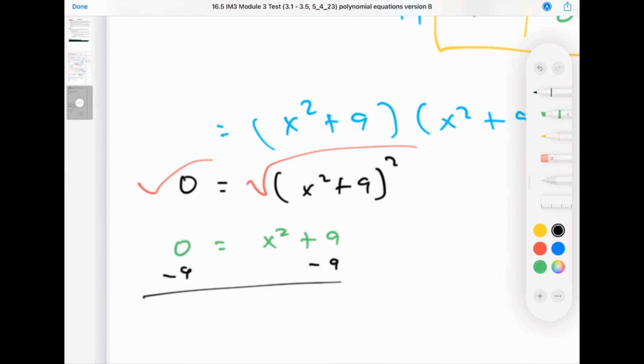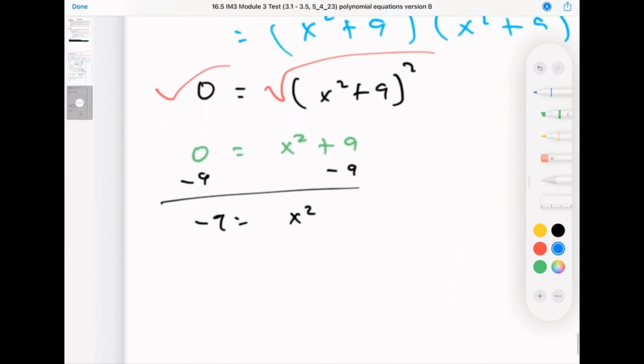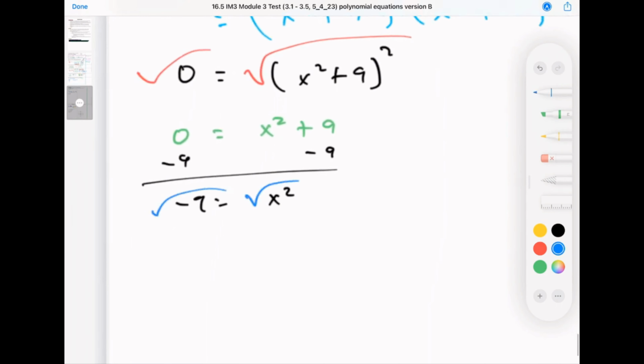Subtract. Take the square root. Remember, when you take the square root, you have plus or minus. This is the square root of -1 times square root of 9. So that'll be, square root of 9 is 3, and i.